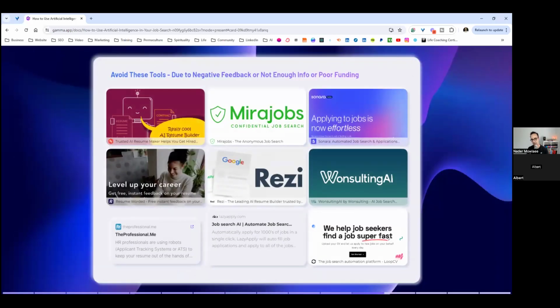And there is a list to avoid. So avoid these tools for the same purpose: job search automation, streamlining, activation, acceleration.